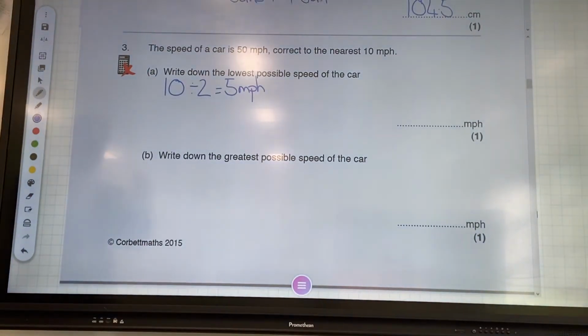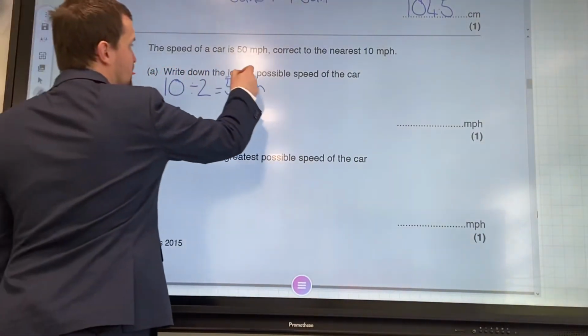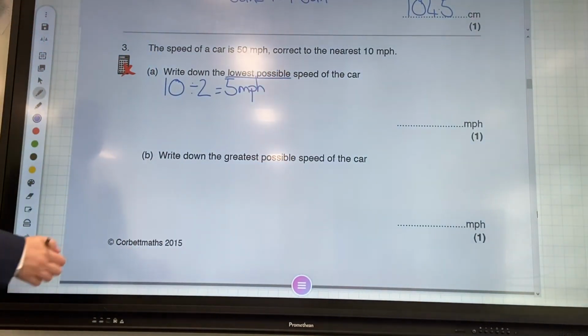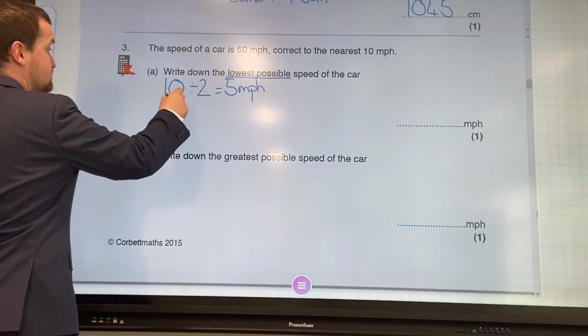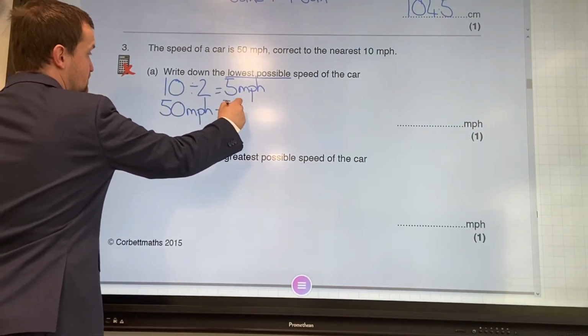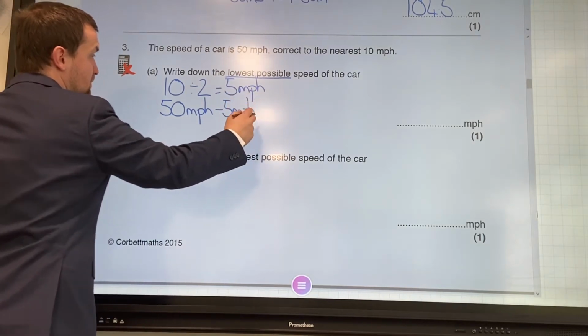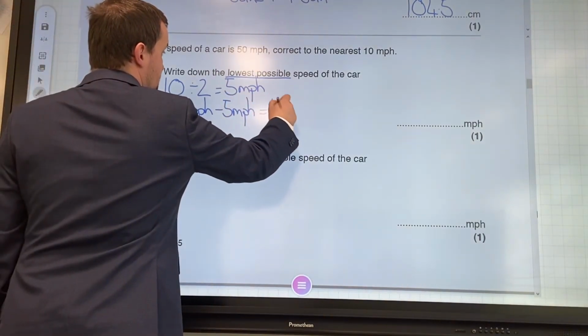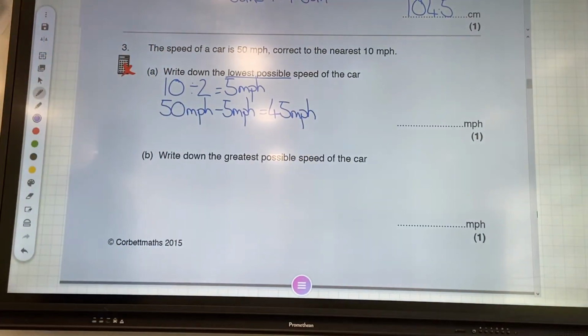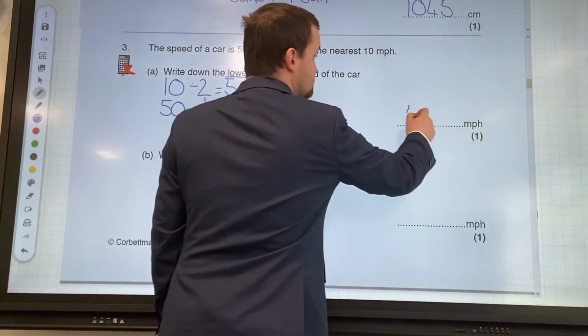We need to find the least possible, so it means we need to take it away from 50 miles an hour. So the least possible is 45.